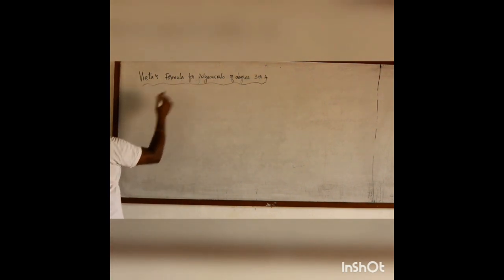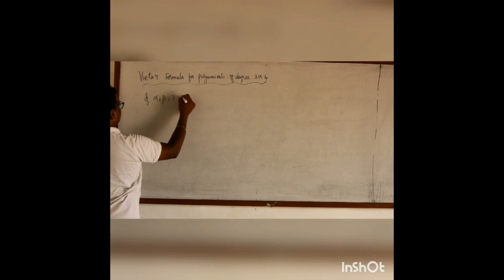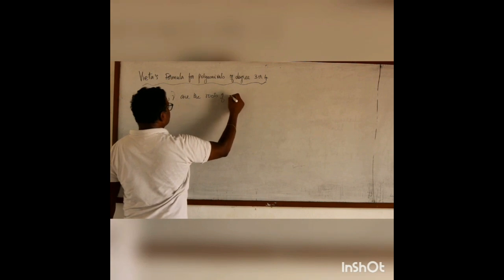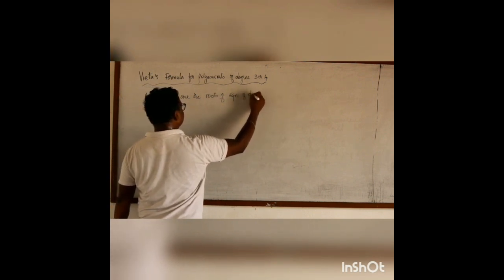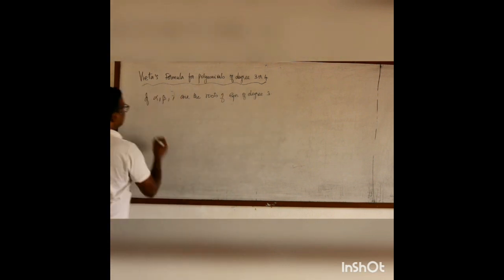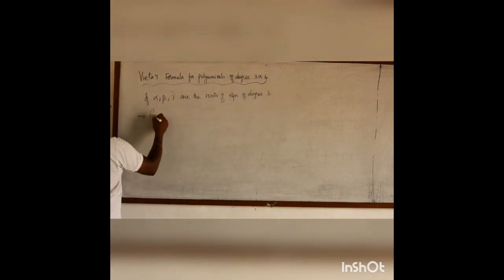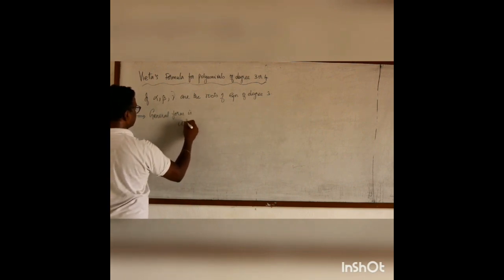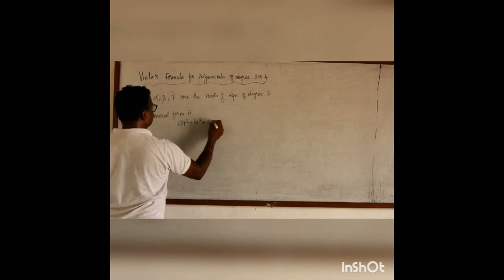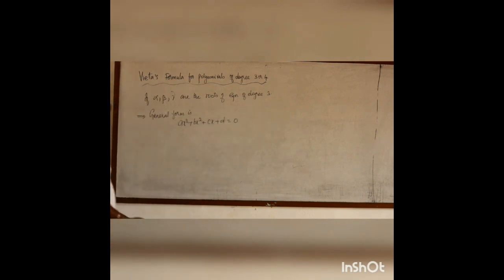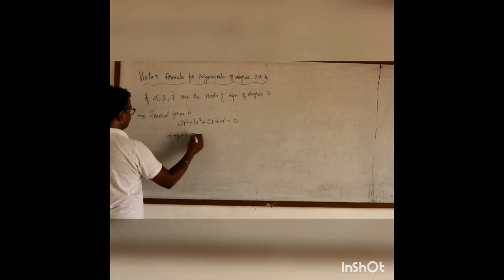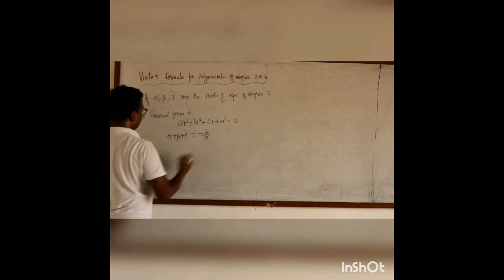Suppose I take degree 3, if alpha, beta, gamma are the roots of an equation of degree 3, then the general format is ax cube plus bx square plus cx plus d equal to 0. Then the sum of the roots, alpha plus beta plus gamma, is minus b by a.